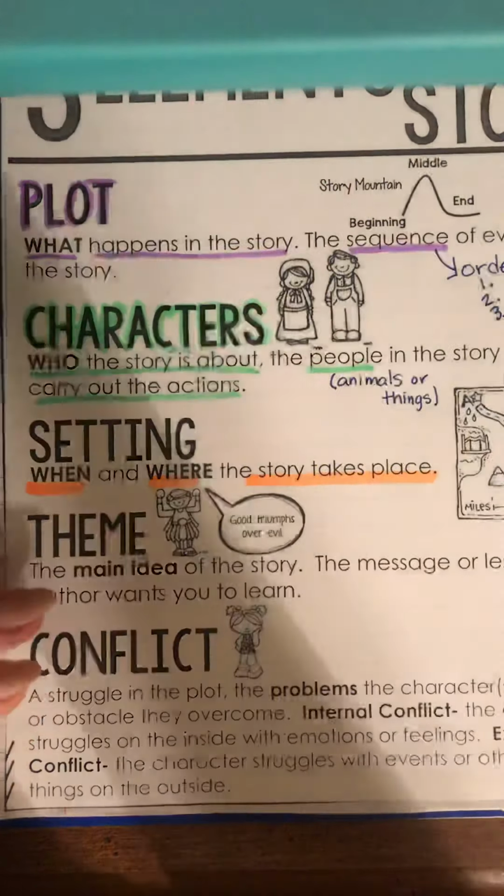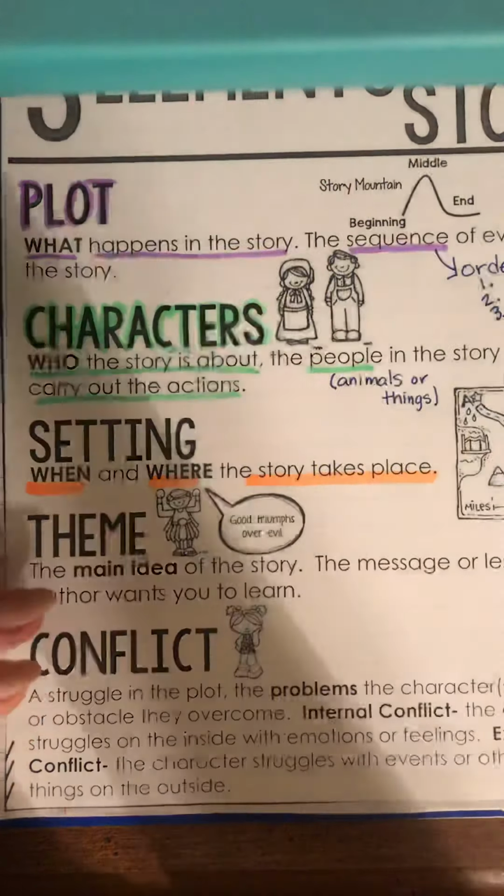Now there's a few different kinds of conflicts. Our first type of conflict is called internal conflict. Now we know that the word internal means inside. So internal conflict is the character struggles on the inside with emotions and feelings. So I'm going to underline emotions and feelings.